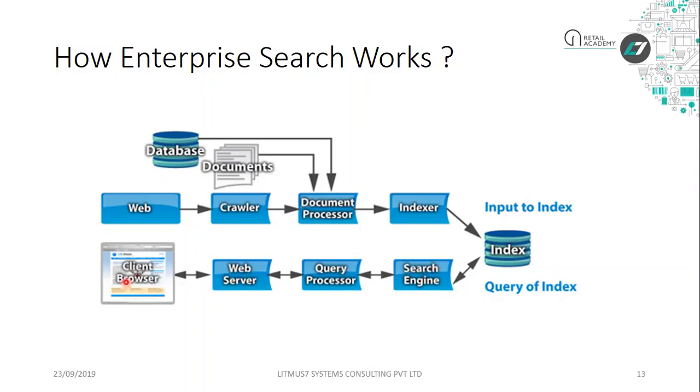So the search query that you have given hits a search engine, and the search engine provides you the results. From where will the engine provide you the results? That's the question. The engine provides the results from an index. That is another common terminology used to identify the data set where the search engine looks to find the results.